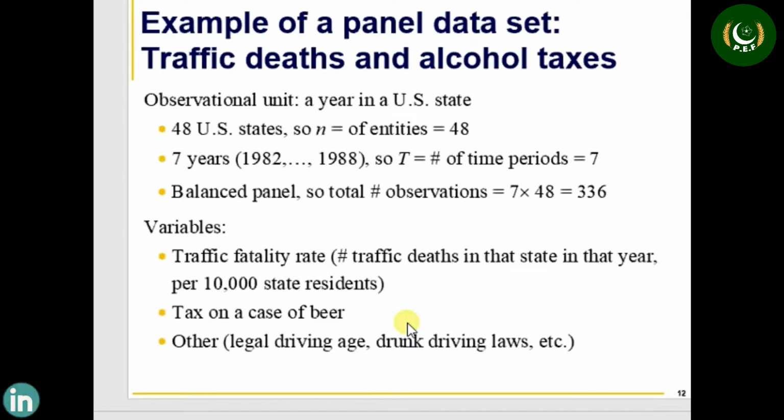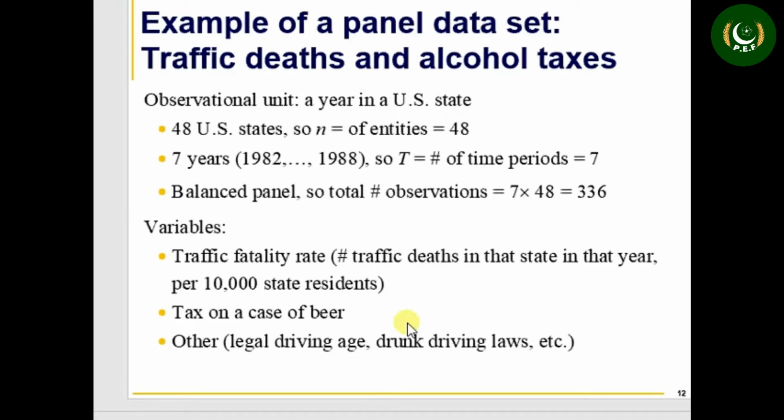Okay, let's consider an example, and how it resolves our issue of omitted variable bias. This is a chapter 10 example from Stock and Watson, Introduction to Econometrics. We have data on 48 US states for 7 years.